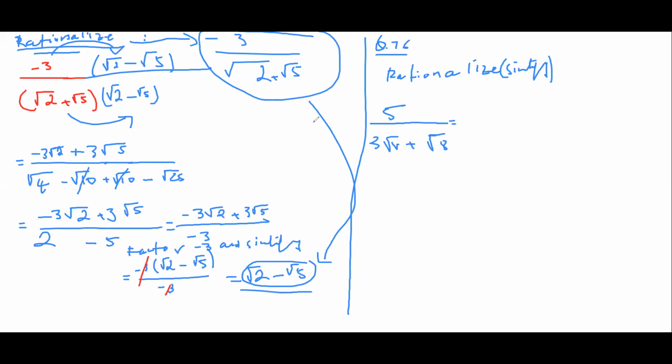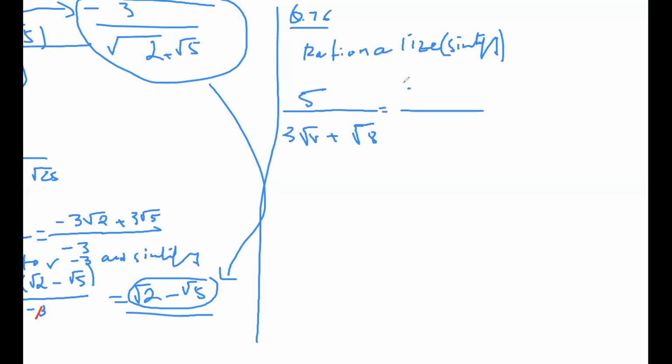Let's write the fraction again, 5 over 3 radical r plus radical 8. We're going to multiply this by itself, but we're going to change the middle sign. So plus turns into a minus, and the rest should be the same. And also here, same thing as here will be at the top.